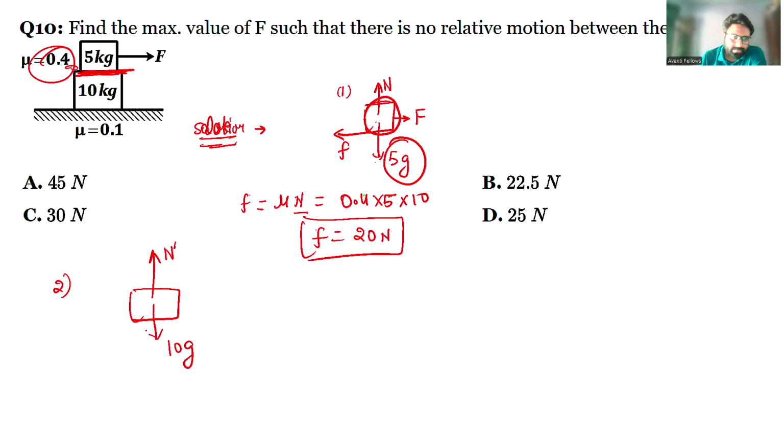That is why an additional force of 5G is also down. Or you can say that here, this 5 kg block is pushing it down, so this is also applying a reaction force. Okay, clear?